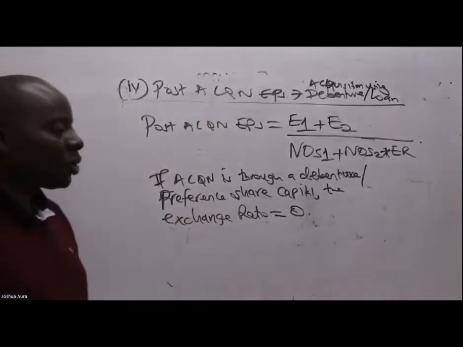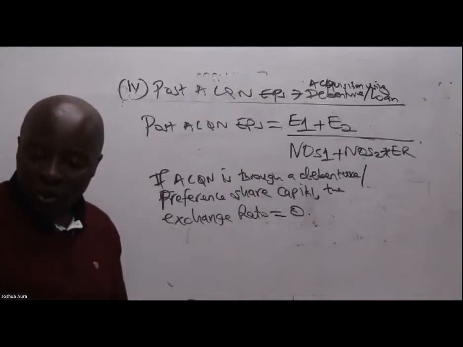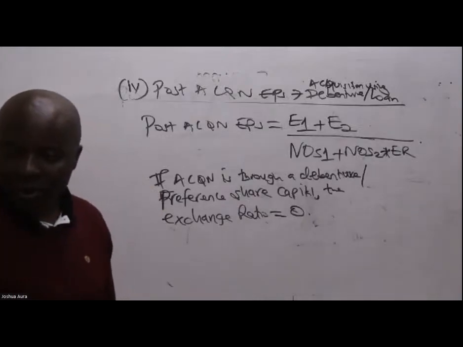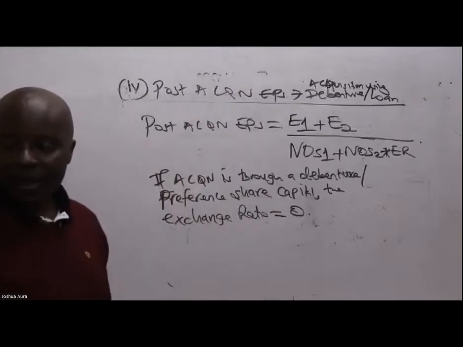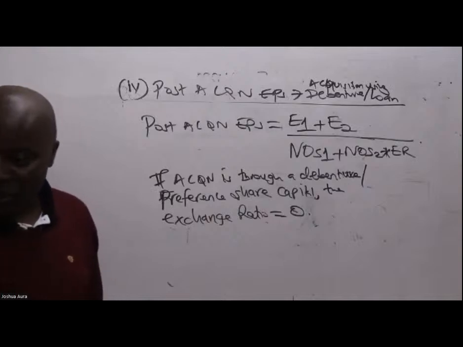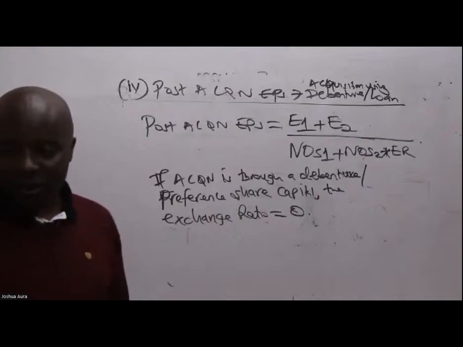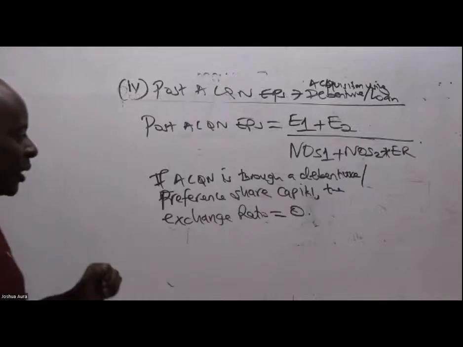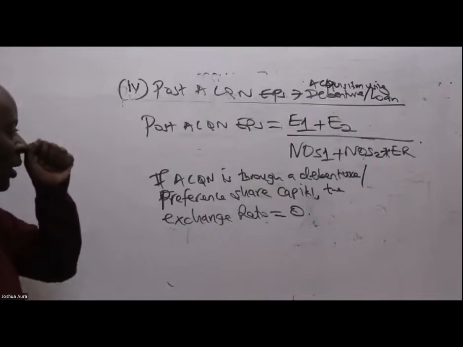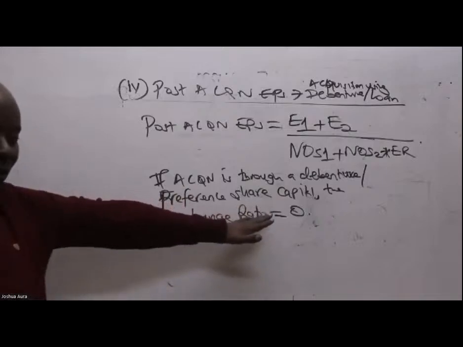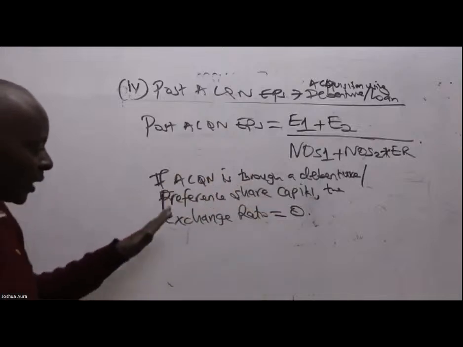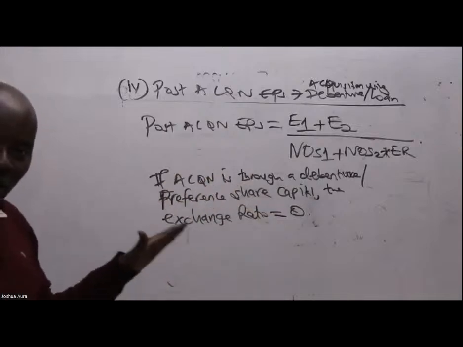Are you guys able to see my screen? Then perhaps it is your internet. Just check your internet. So if acquisition is through a debenture or preference share capital, the exchange ratio shall be equal to 0.